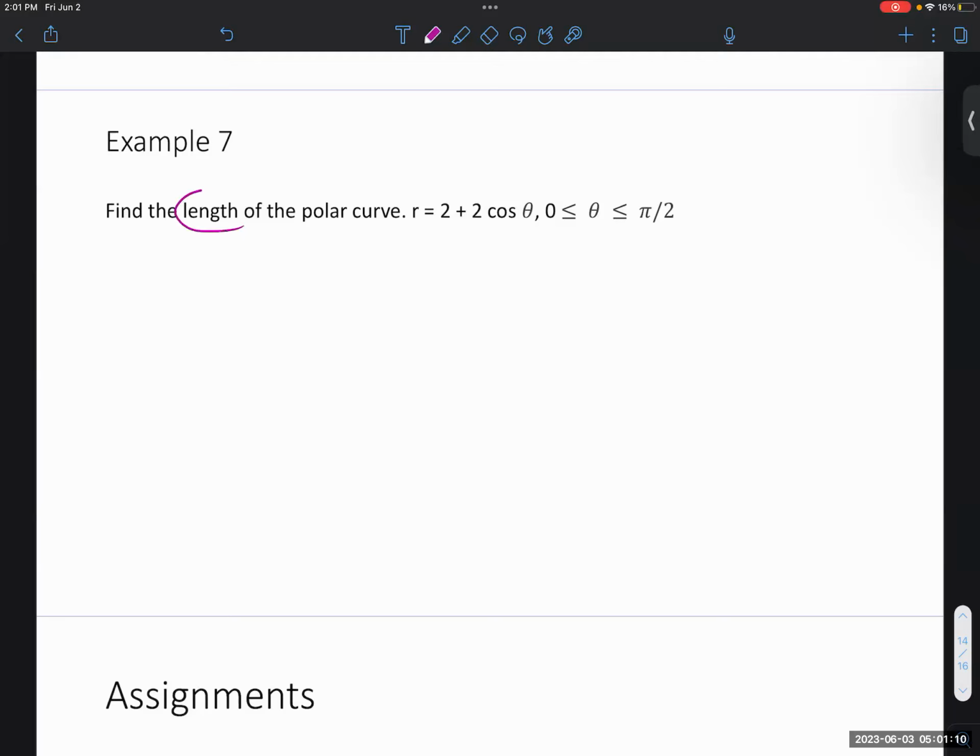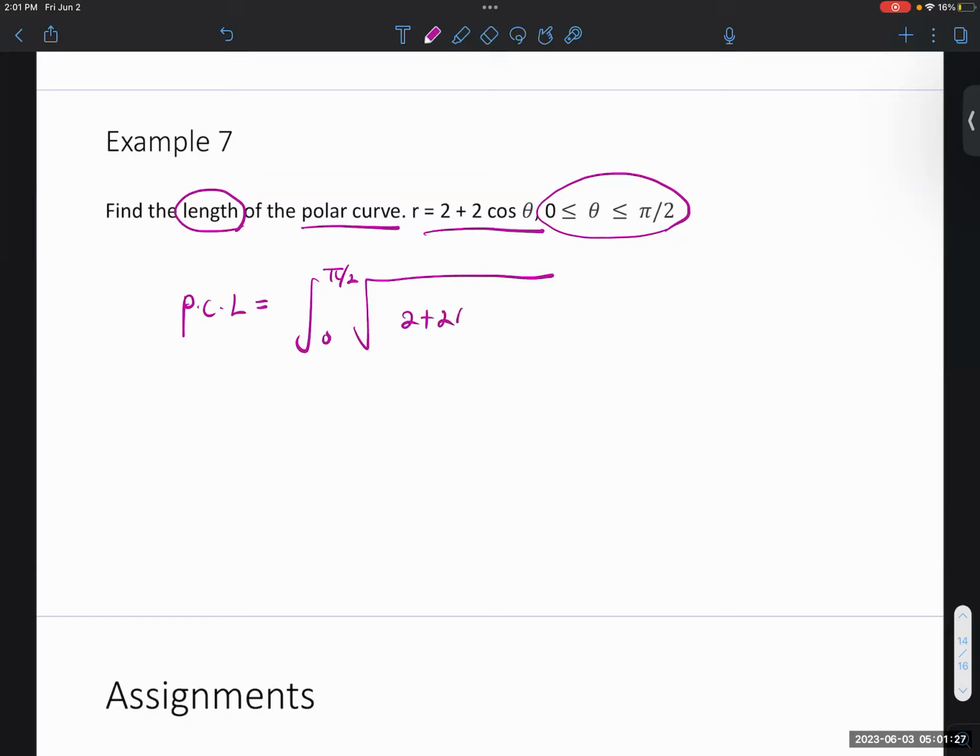So what happened? We are looking for the length. This is a polar equation because of r and theta. So therefore, the polar curve length, and they say from 0 to pi over 2, you have the radical of 2 plus 2 cosine theta. This is r squared, and you have to take the integral, right? So this is 2 plus 2 cosine theta. What is r prime? This is a 0, and then 2, if you take the derivative of the cosine, what is it?